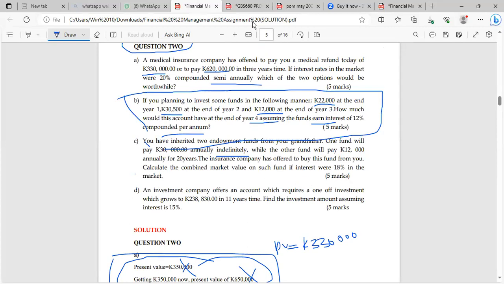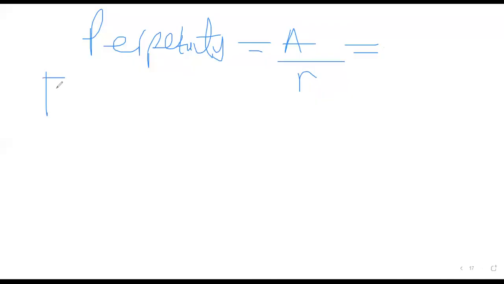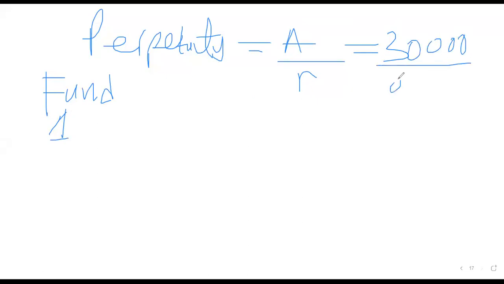So let's find fund 1. It will be 30,000 divided by 0.18.